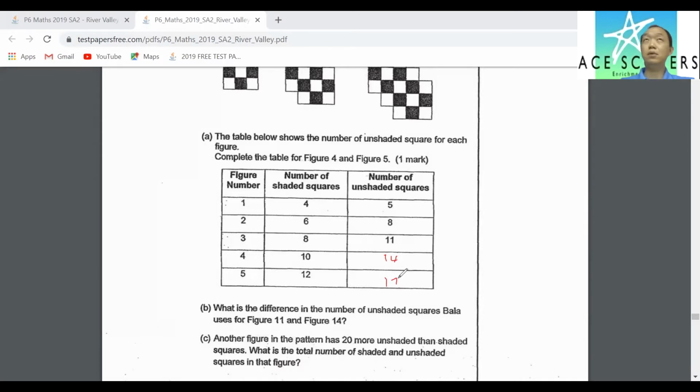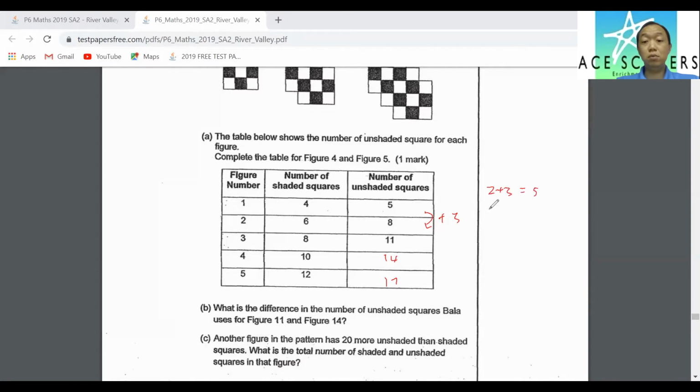Now, the trick here is to see the pattern. Some of you might keep adding 3, but what is the faster way? The faster way is to see that here we add 3. So for figure 1, it's 5 because it's 2 plus 3. Figure 1: 2 plus 3 equals 5.